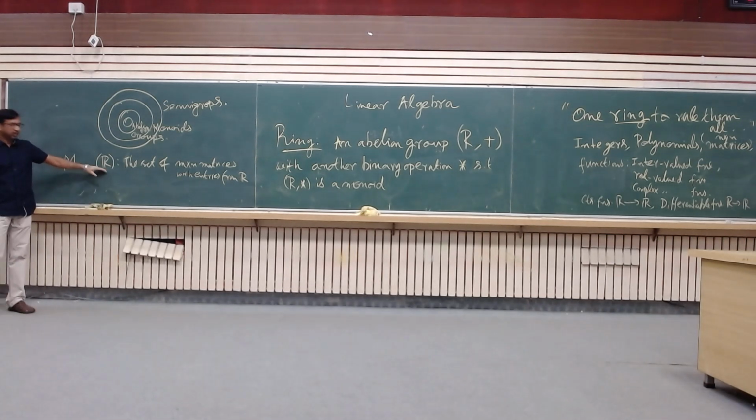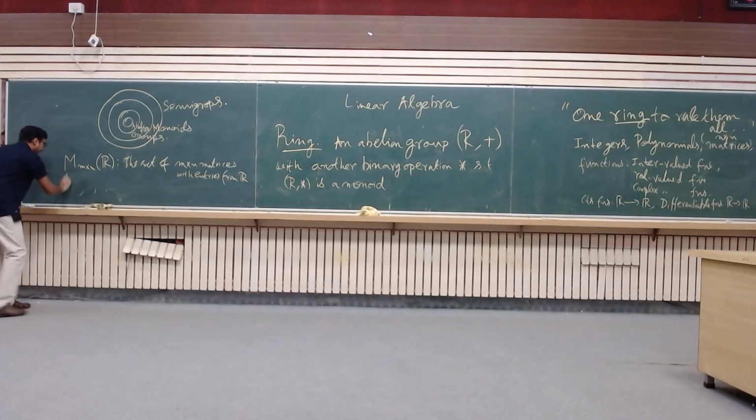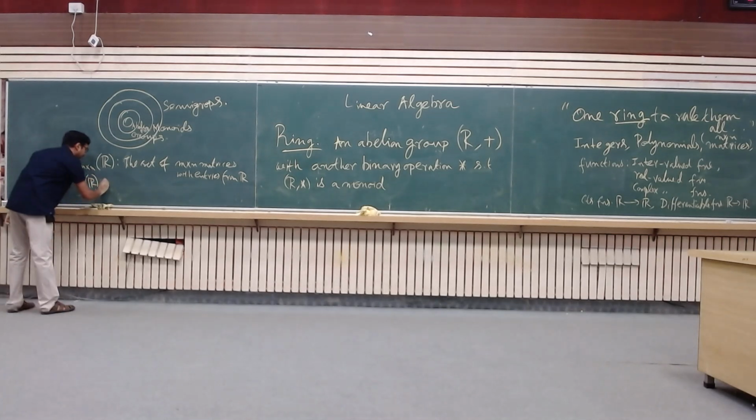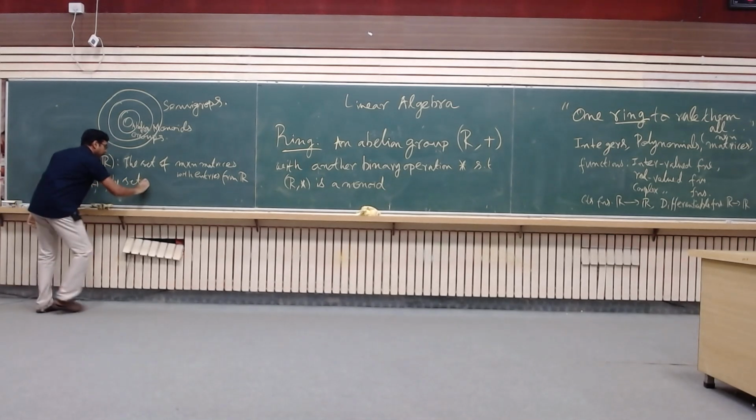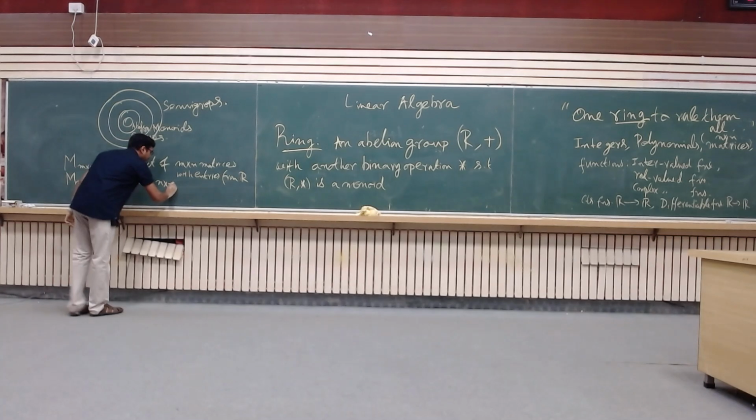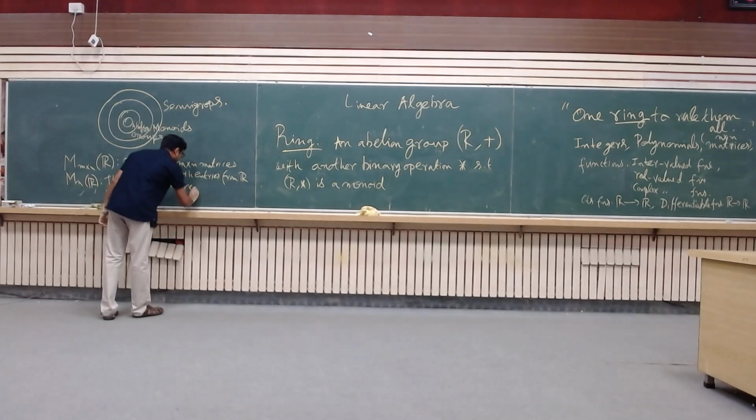And this R will be replaced by other sets later. Okay? C or some general field F. And then, if these two dimensions are the same, we do not use two subscripts, we just write M_n(R), the set of n cross n real matrices.